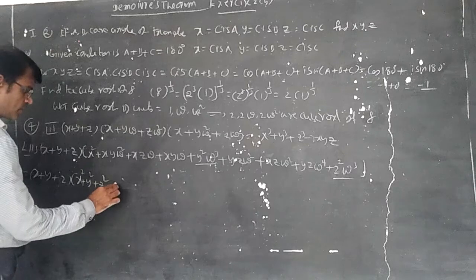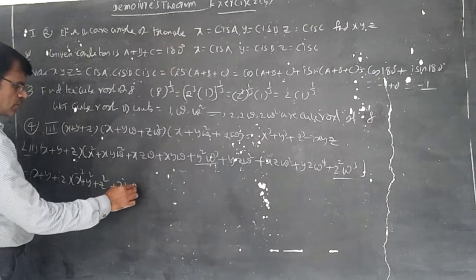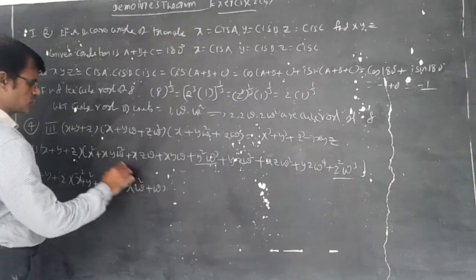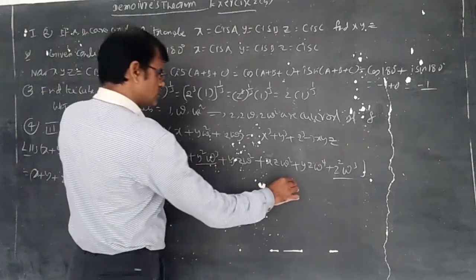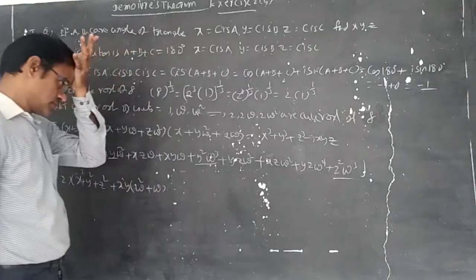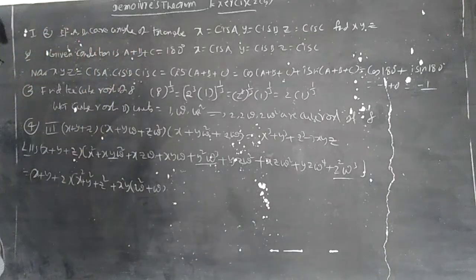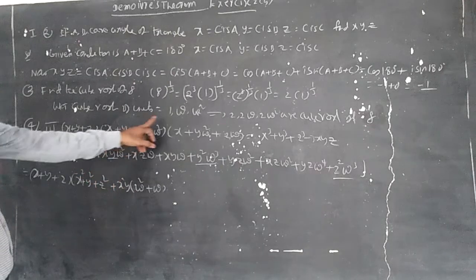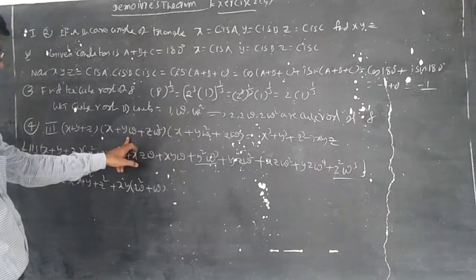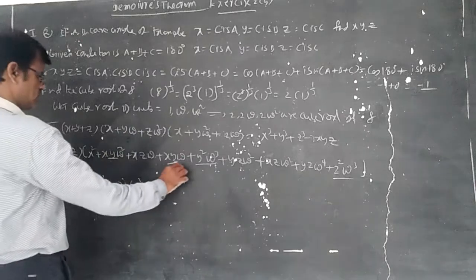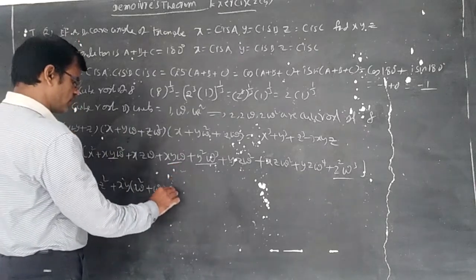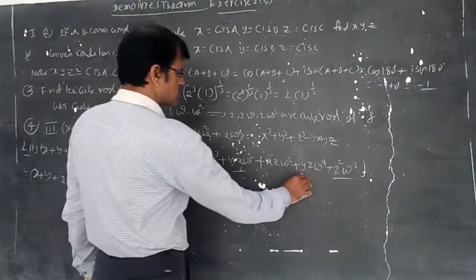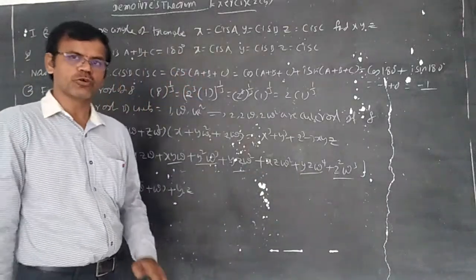Next, xy you take common, and it becomes omega square plus omega. Similarly yz: yz omega square plus yz omega power 4, which is omega.